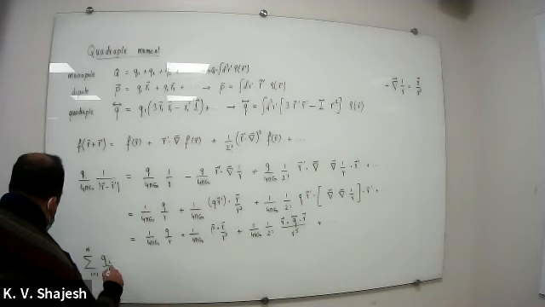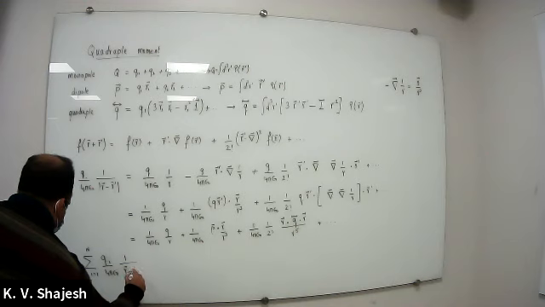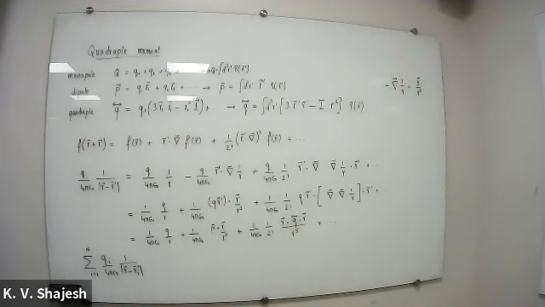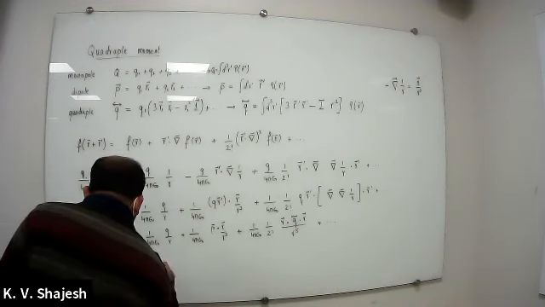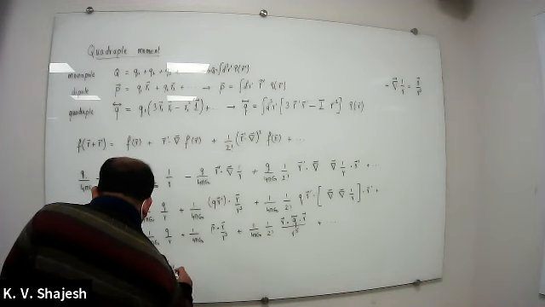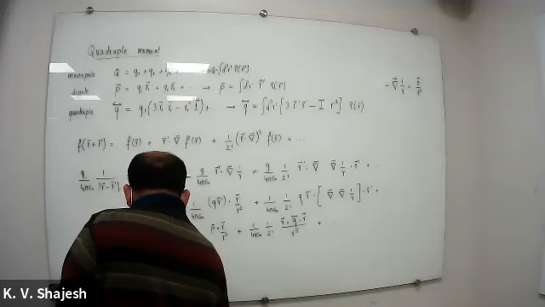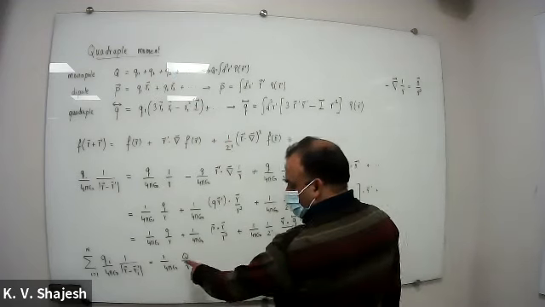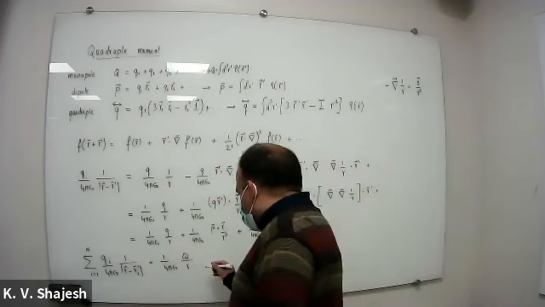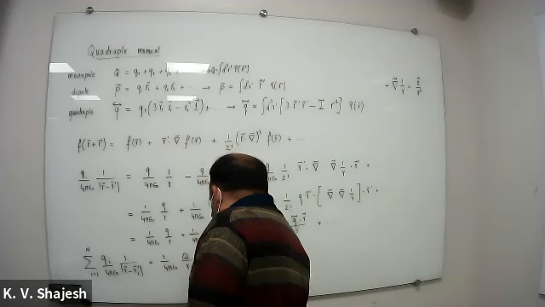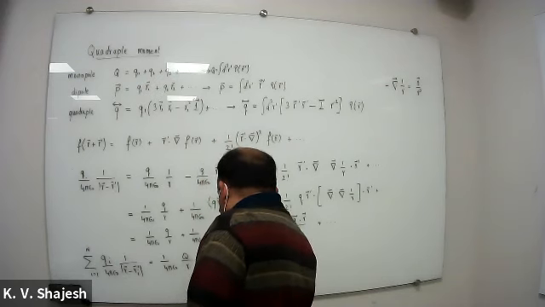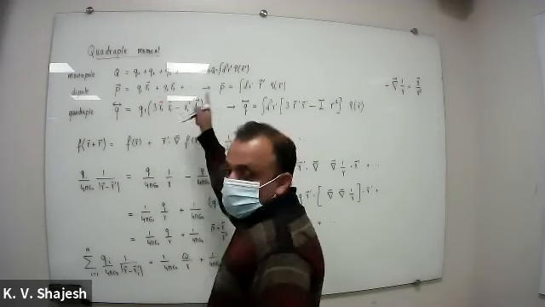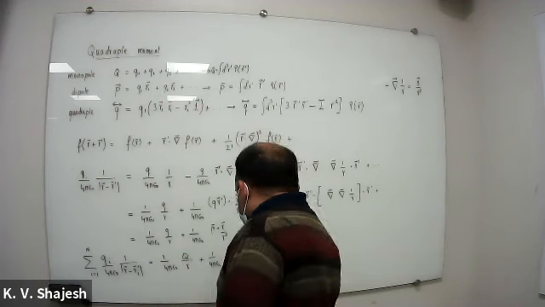So this is the sum of q i over 4 pi epsilon naught, 1 over the observation point minus the source point, but now there are n source points. And this is 1 over 4 pi epsilon naught times the total charge Q over r, because total charge is Q1 plus Q2 plus Q3. The sum of the charges becomes charge Q. Here, this is the dipole moment itself, but this time the dipole moment is interpreted as the sum of Q1 R1, Q2 R2, and so on.